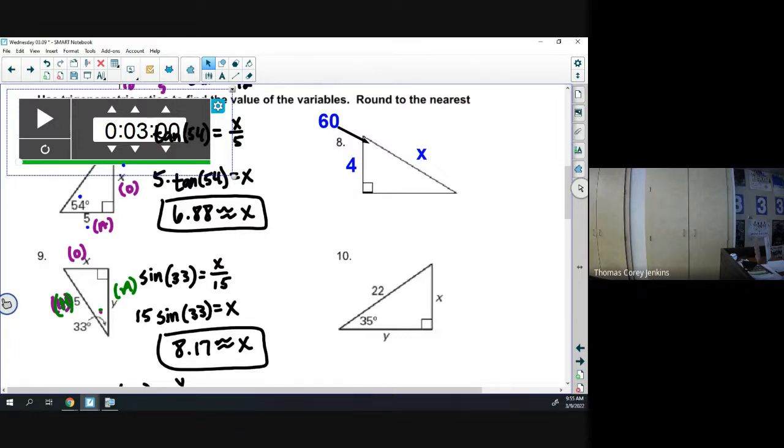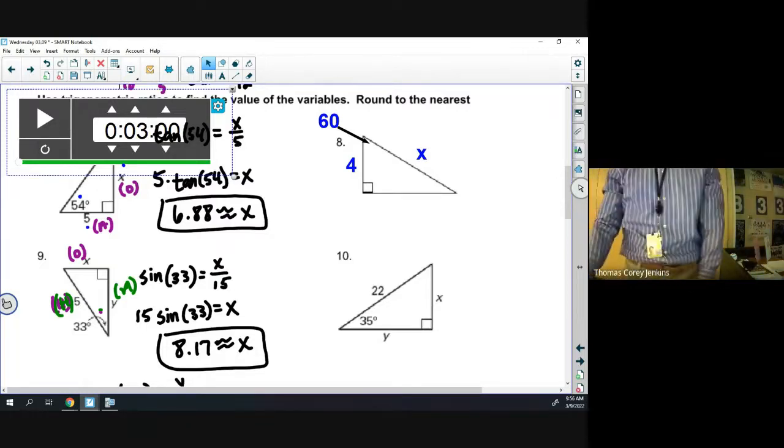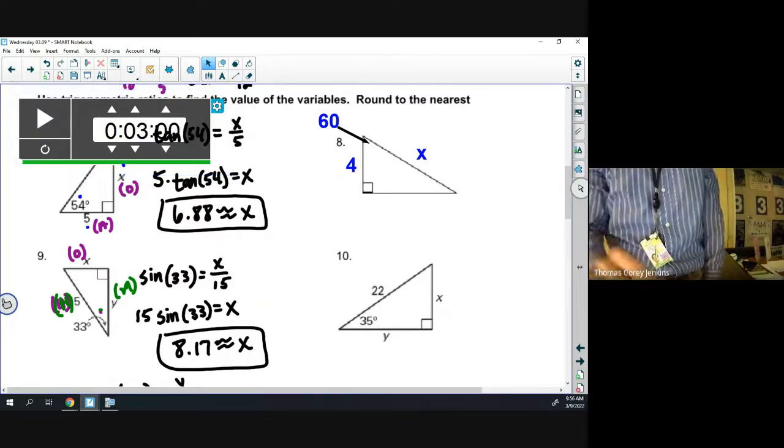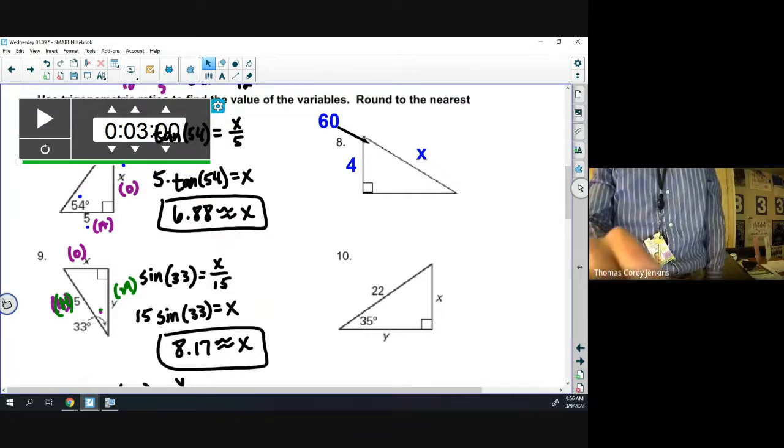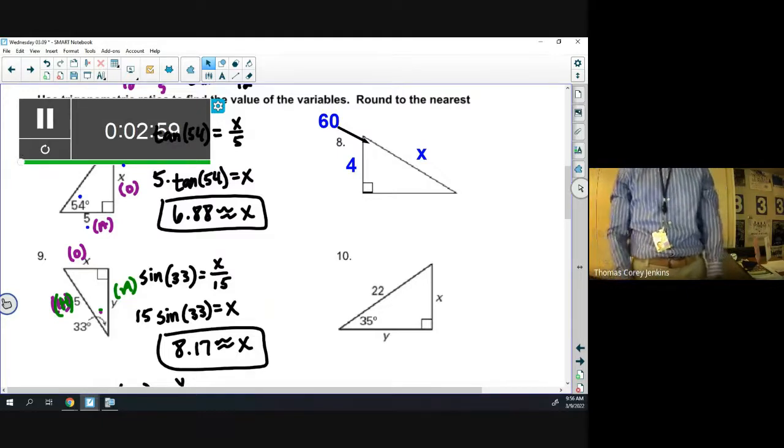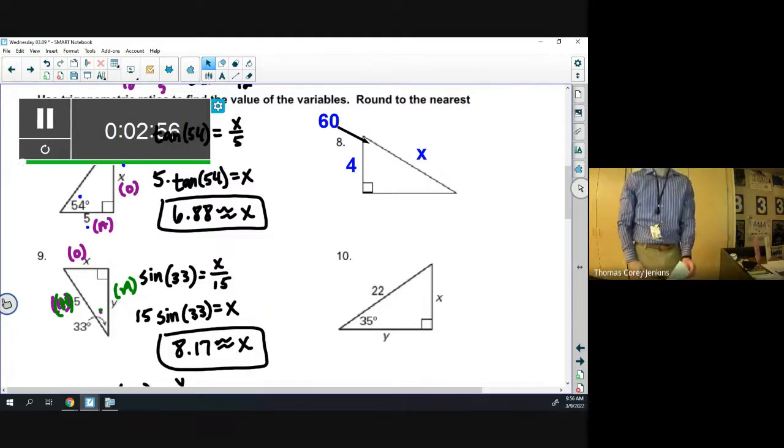The other one's marked where you have to find x and y. So 3 minutes. Not going to be enough time to do all 3, but do what you can, and we'll talk about them, at least the answers, before we go. And if you need to partner up with somebody, you should do that.